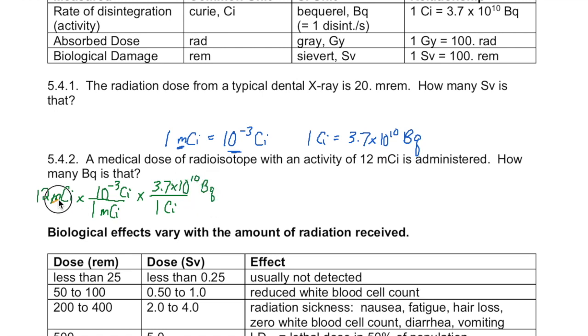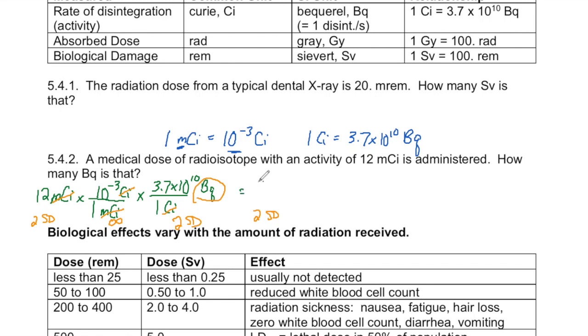Let's check our units here. Our millicuries cancel and our curies cancel, and we're left with becquerel, which is what we wanted. I'll also put our significant digits here. We have 2 significant digits, infinite for the metric conversion, 2 for the becquerel conversion. So we're going to have 2 in our answer.